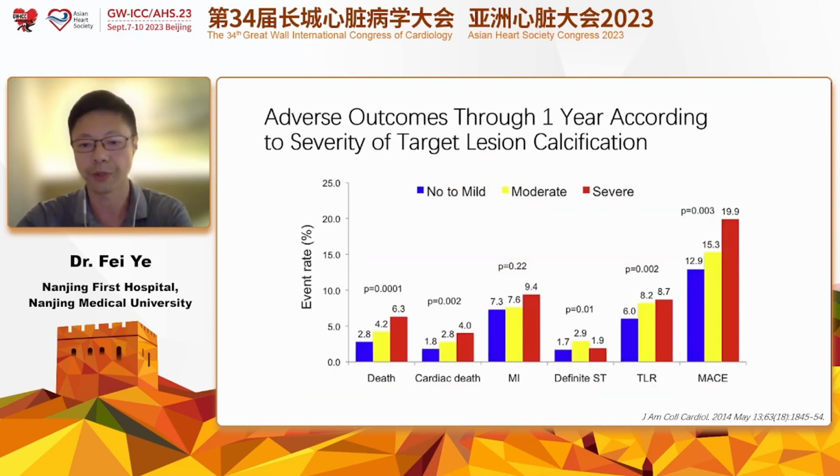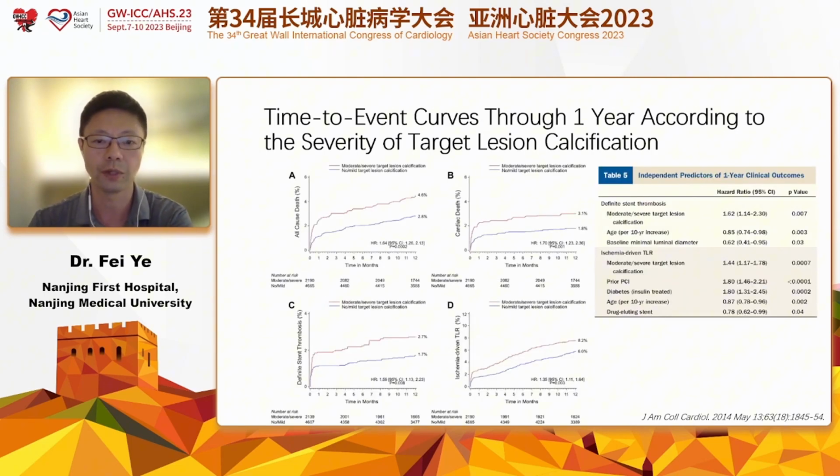So we can also see here, if we focus on the long-term outcome at 1 year follow-up, there is a higher MACE for patients with severe or moderate calcification compared with other patients. Another very interesting outcome focuses on the time to event curves at 1 year follow-up for target lesion calcification.